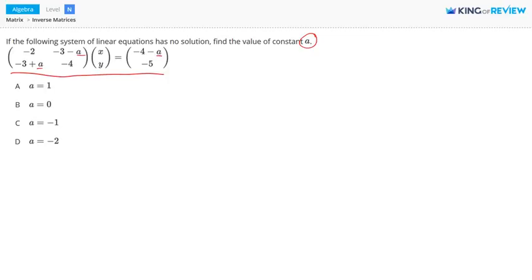So if we have two equations that are in the form ax plus by equals e, and cx plus dy equals f, then we can represent this with the following matrix equation.